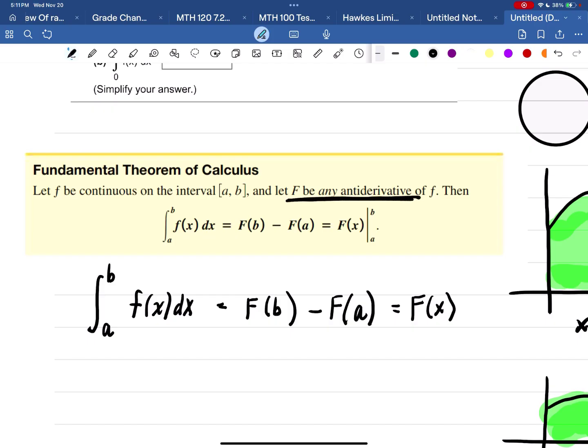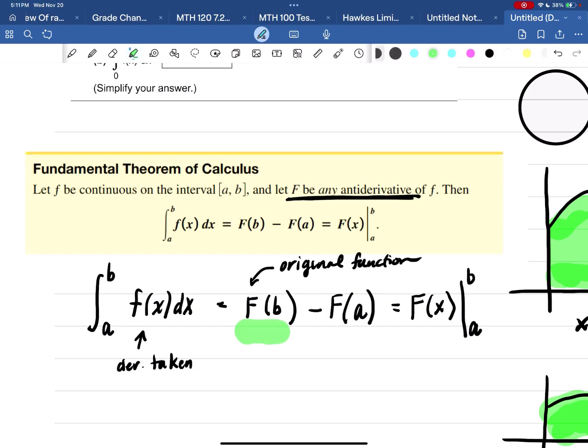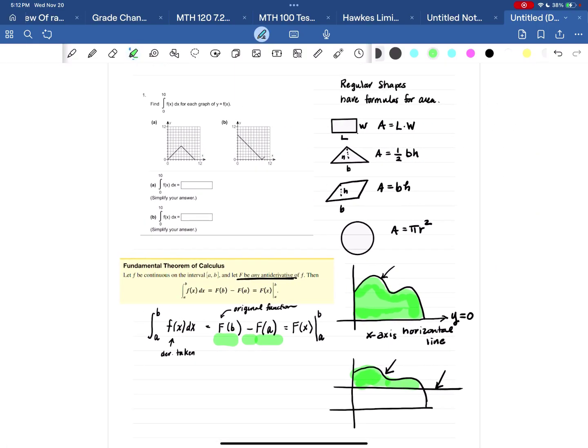It's the original function, okay? This derivative has been taken, and this big F means original function. So we've taken the antiderivative and gone back. And so they write this original function, capital F of x, from a to b. And so all you do is you evaluate the function at b, and then you subtract from that the function evaluated at a. And you're going to see this working as we do some of these problems.